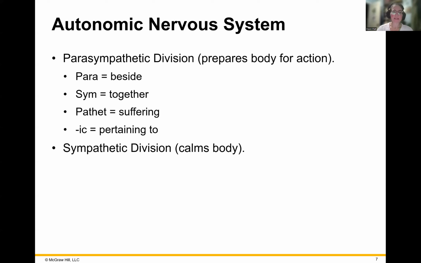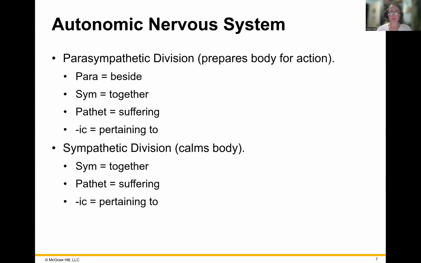And then the sympathetic nervous system means pertaining to together suffering, and that's the one that provides us for action, to fight, to figure out what we want to do. It increases our heart rate, it increases our respiratory rate, but then it also slows down digestion.